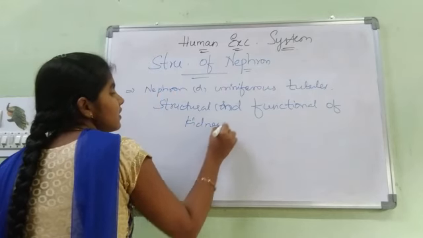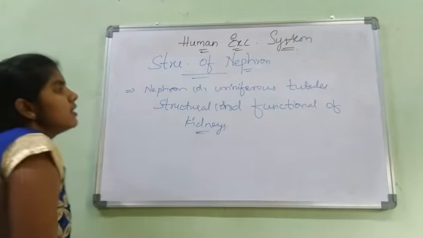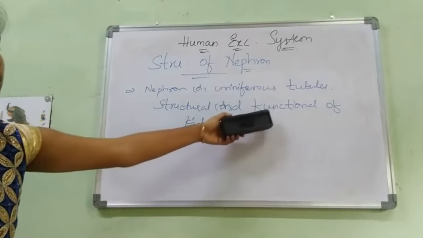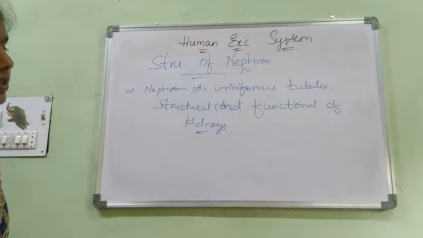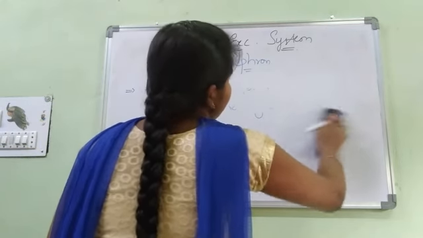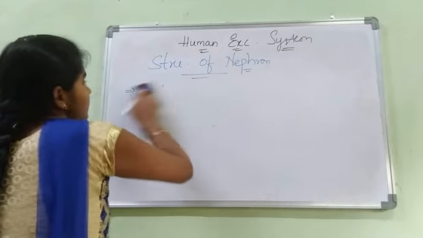As cells are the functional units of our body, nephrons or uriniferous tubules are the structural and functional units of the kidney. Now let us see how it starts.